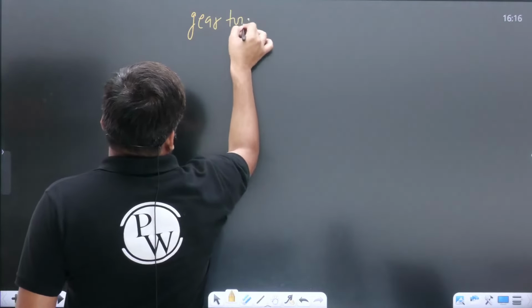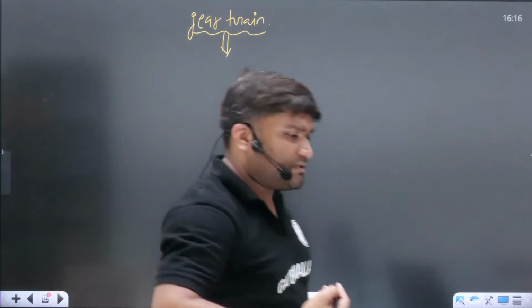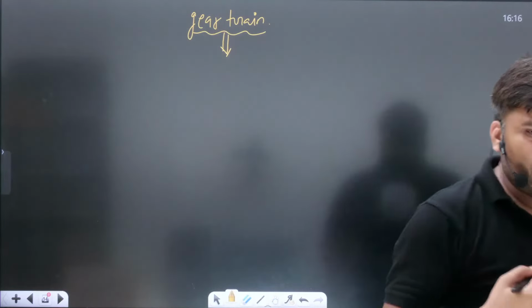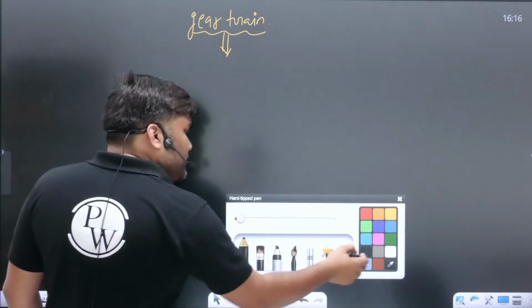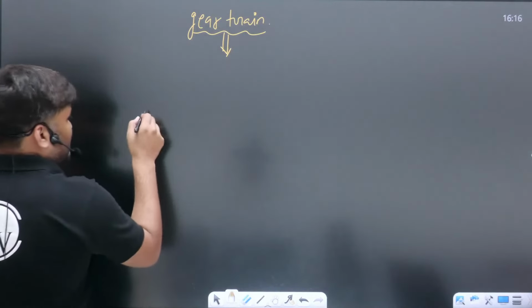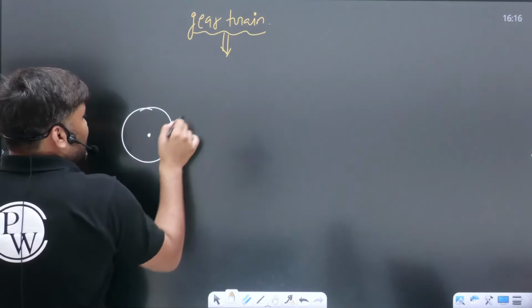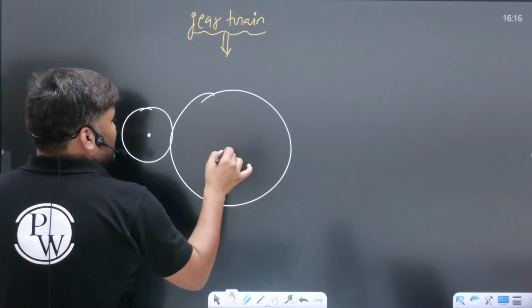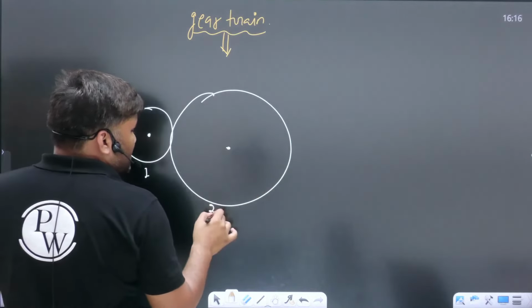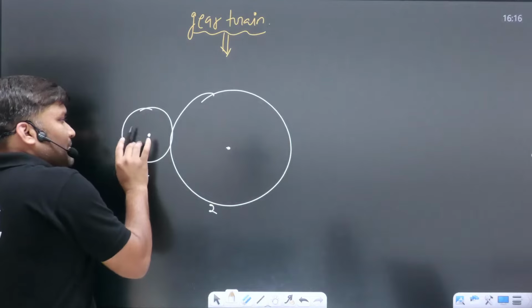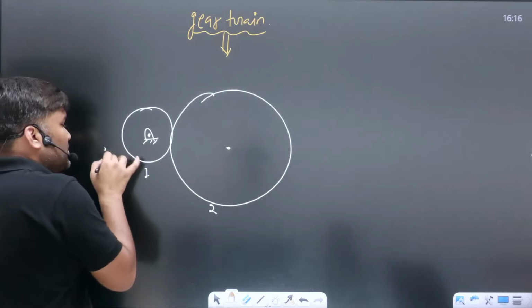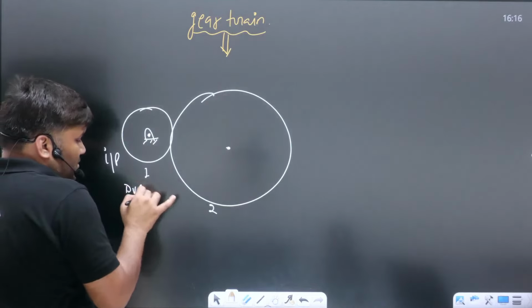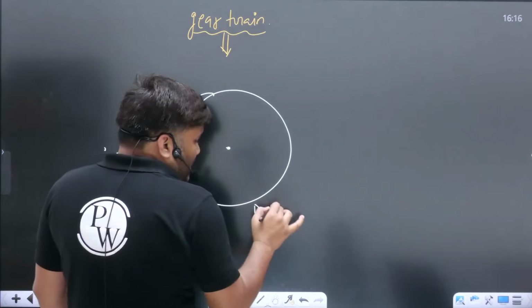What is a gear train and why do we even need this? Look, if I say that I have only 2 gears, gear 1 meshing with gear 2. This is gear 1, this is gear 2. Everybody knows that at this small gear I have given my input. This is your driver and this is your driven, beta.